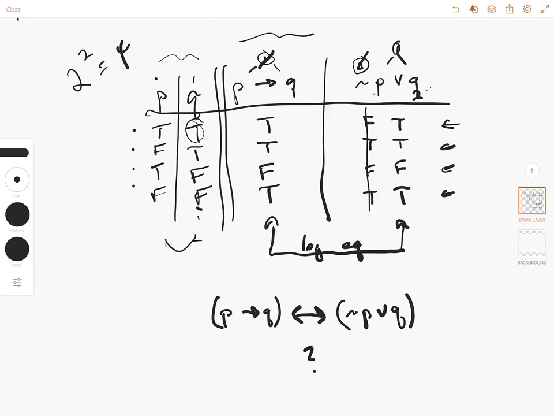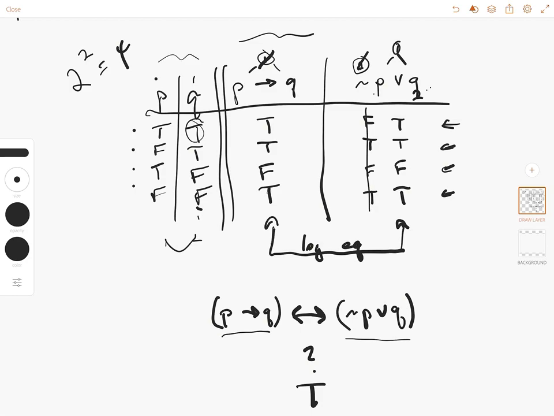Well, if you think for a moment, you'll realize that if the two expressions, P implies Q and not P or Q, always have the same truth value, then if you join these two together with a material equivalence operator, the result is going to be all trues because these two expressions always have the same truth value.